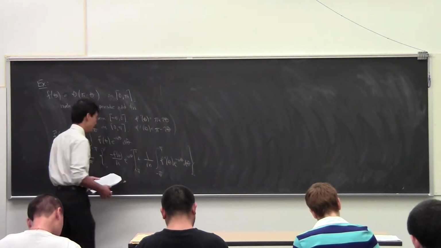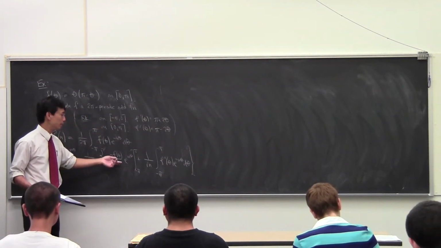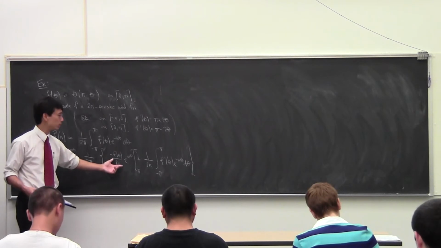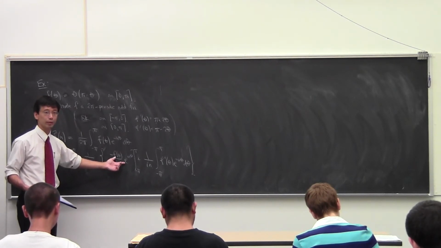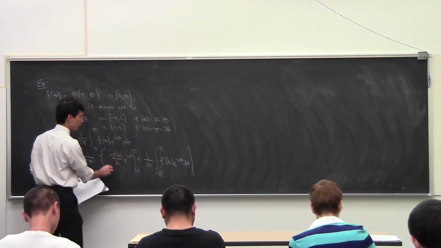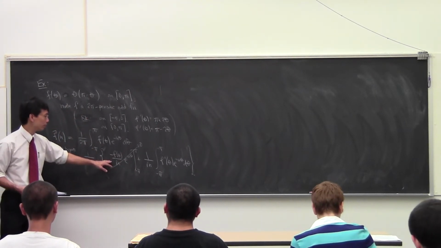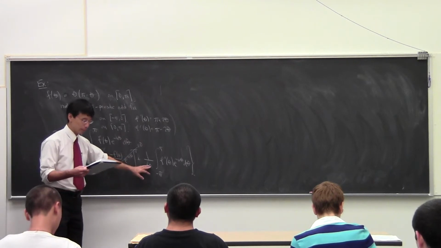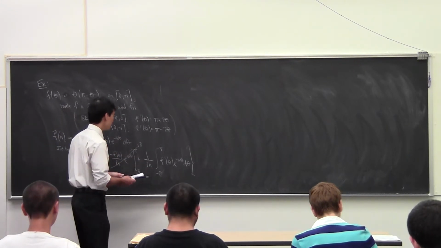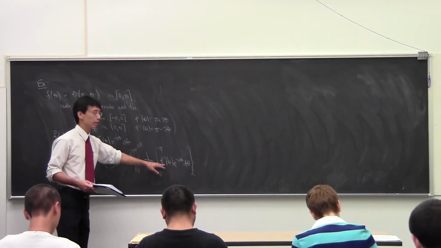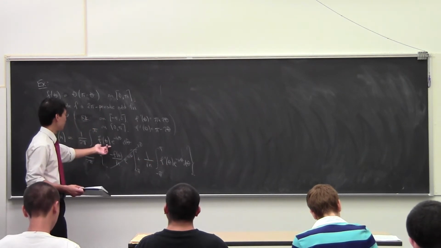Okay, and then by periodicity, because this thing that we're evaluating here is 2 pi periodic, this part becomes 0, right? And then we're left with this thing. We're integrating, so we're using integration by parts.